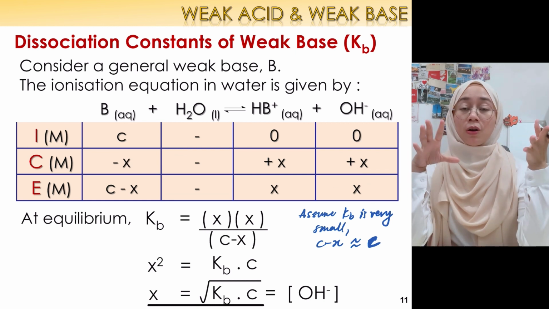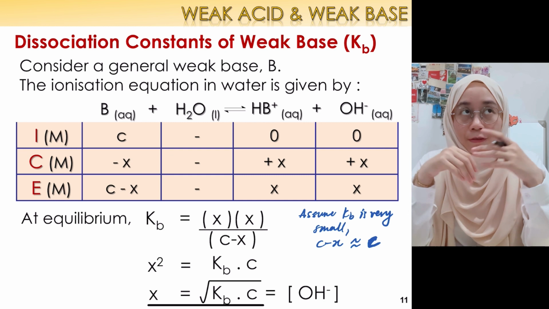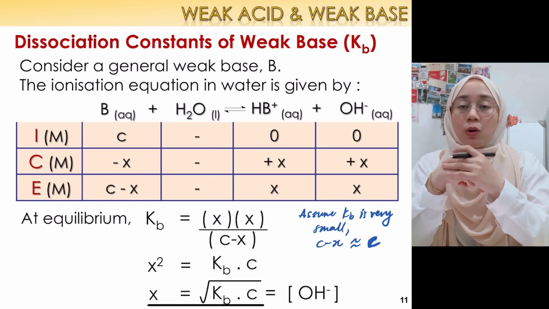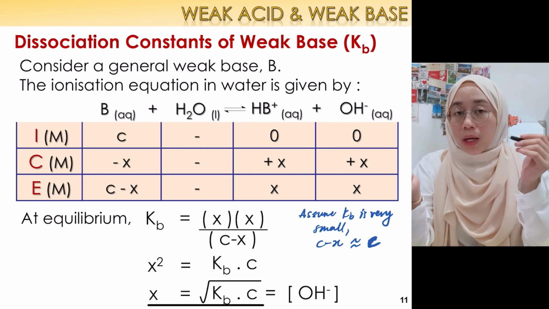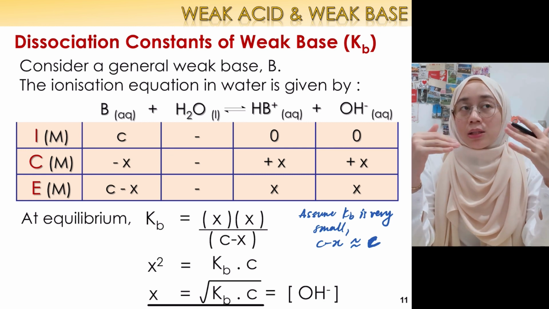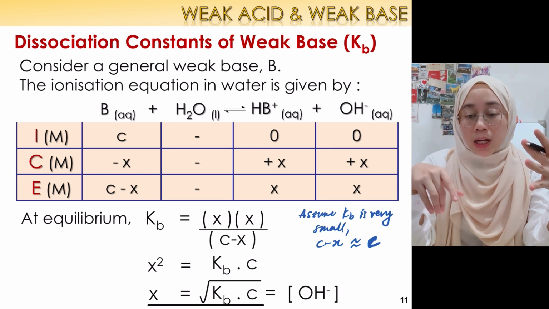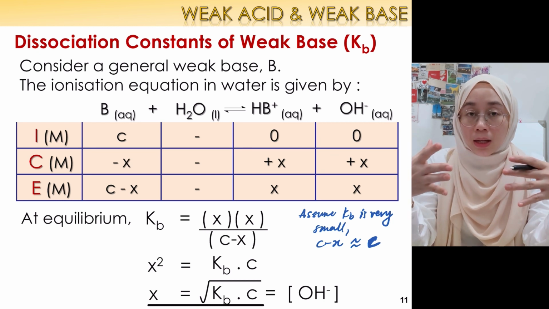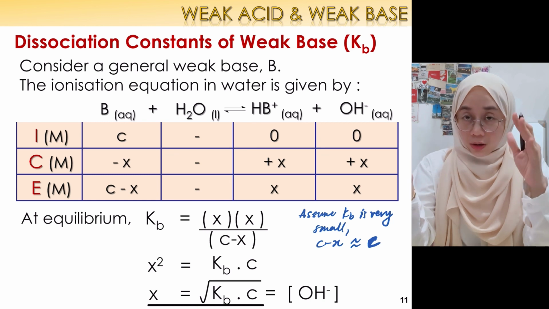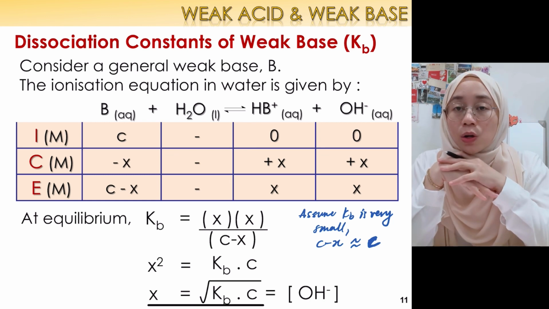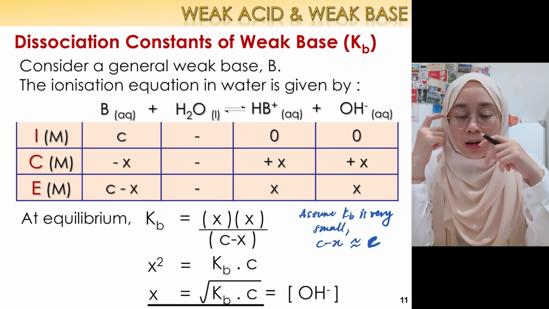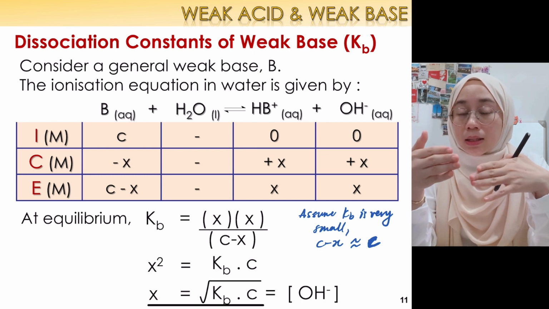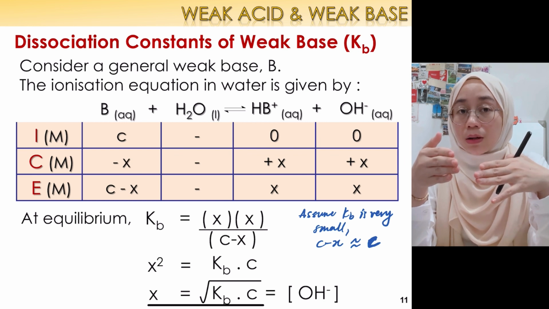Okay, so this is how we try to identify the concentration of H3O plus or H plus and also OH minus for a weak acid or weak base. It is not as simple as identifying the concentration of H plus or OH minus for a strong acid. If you recall, if a concentration of strong acid is given, we immediately assume that it is also the concentration of H plus.